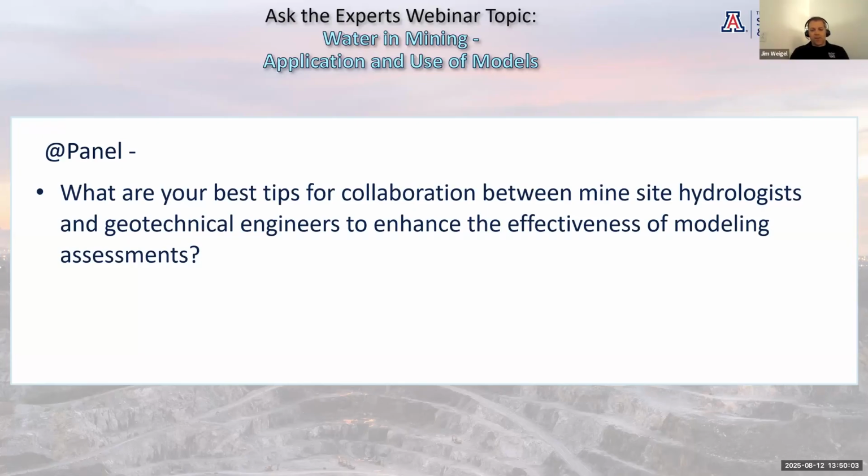Yeah, no problem. One of the best and most effective ways, I think, is to have your hydrogeologists and your geoengineers embedded and working side by side, so they're both assessing the same plans, really working together, and understand the system from a geomechanics and a hydrologic standpoint. Otherwise, you have two different separate groups that are working separately. Maybe they think they're working towards the same goal, but you don't really know.